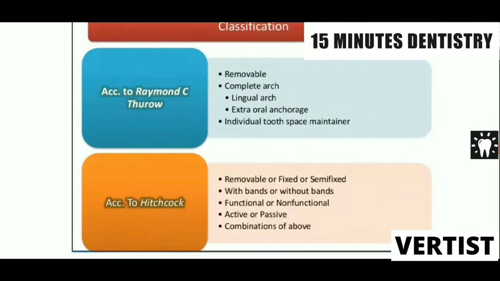Another simple classification was given by Hitchcock, which classifies space maintainers into removable, fixed or semi-fixed, with bands or without bands, functional or non-functional, active or passive, and combinations. As I explained earlier, if we know the meaning of functional and active or passive, it is easier to understand.